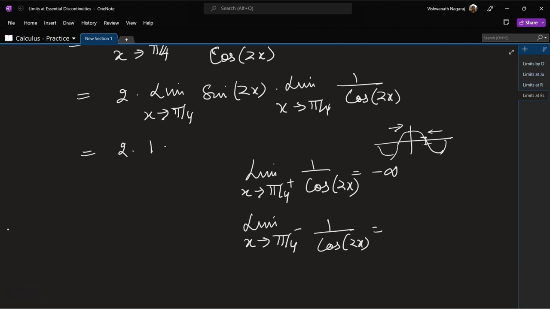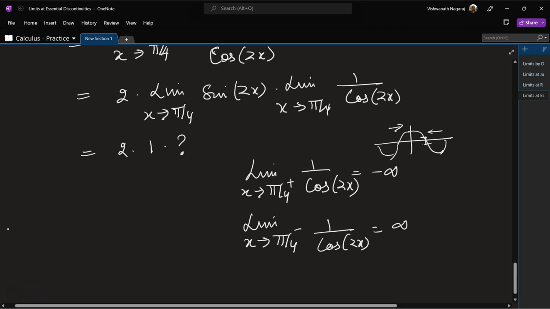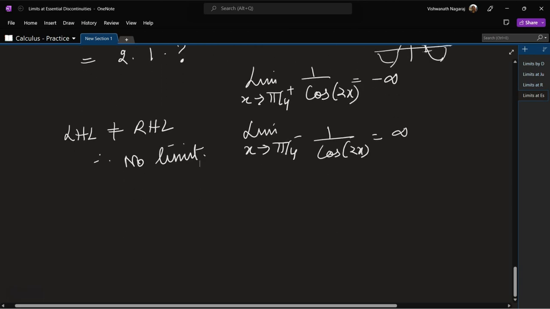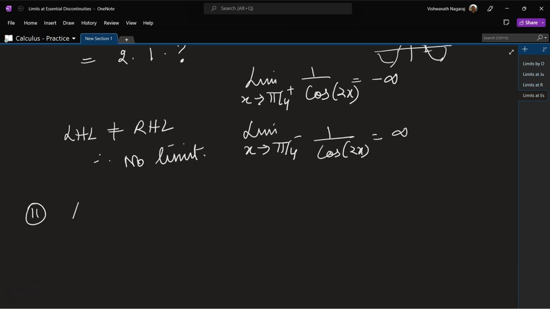So this is going to be infinity. So there is no single result. So which means this is undefined. So left hand limit is not equal to right hand limit. Therefore, no limit. Okay.